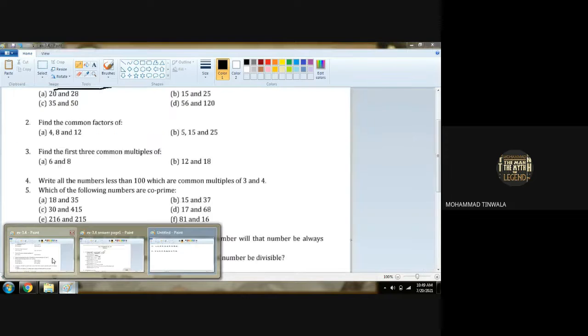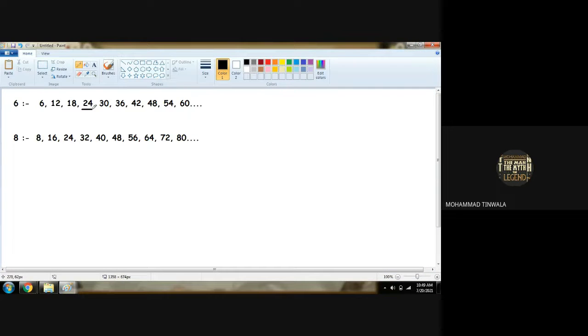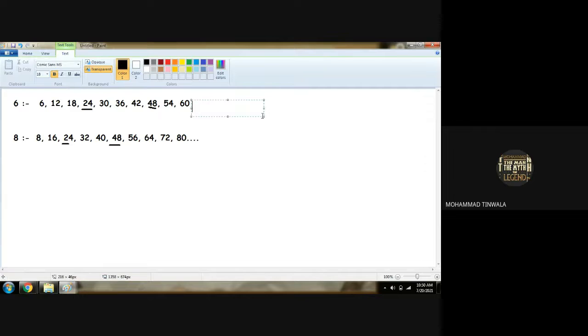Now we have to find the first three common multiples. How many commons have they asked? First three. So we got our first one as 24. We got 48 as a common. So we have to go through and increase here. 6 elevens are 66, then 6 twelves are 72.